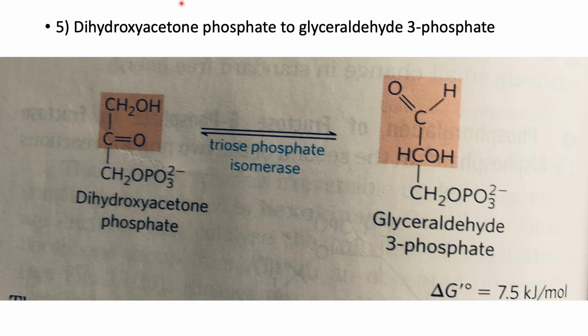The next reaction is dihydroxyacetone phosphate isomerizing to glyceraldehyde 3-phosphate. This mechanism is analogous to that of the second enzyme reaction in glycolysis, which is the phosphohexose isomerase reaction, where you get simple transposition of the oxidative potential, where you have oxidation at this carbon and reduction of that carbon.